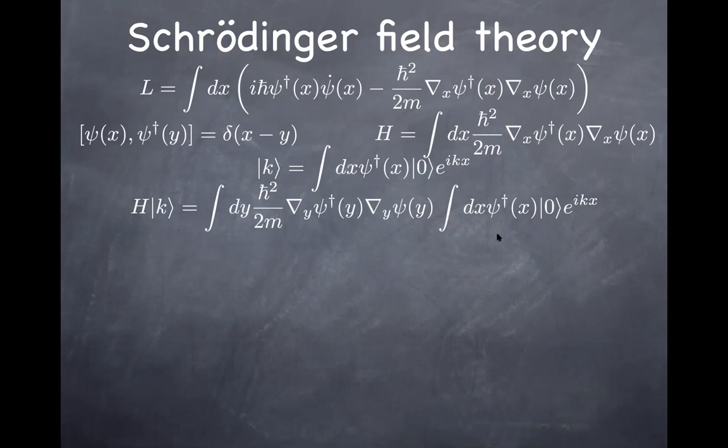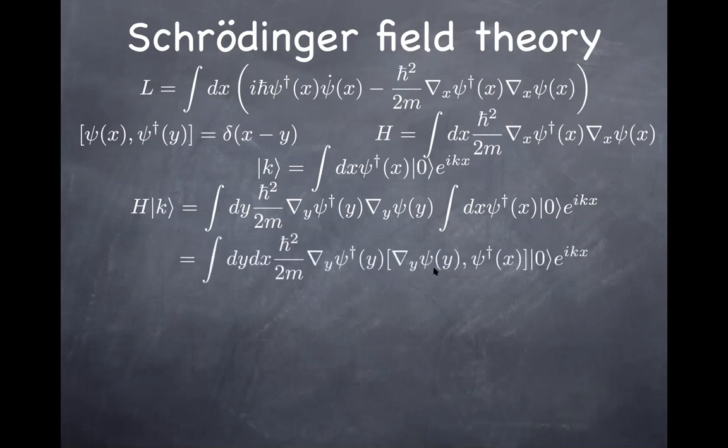To work out what you actually get, you use this annihilation operator psi and commute it with the creation operator psi dagger. The reason you can do this is that if you reverse the order, psi would be acting directly on the vacuum state, and by definition the vacuum gets annihilated by the annihilation operator.